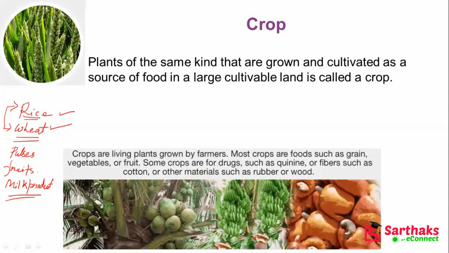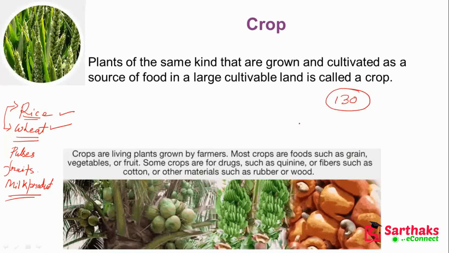So here, what is the crop? If you are thinking about yourself as one person, do you know how many people we have in our country? Approximately 130 crores people.